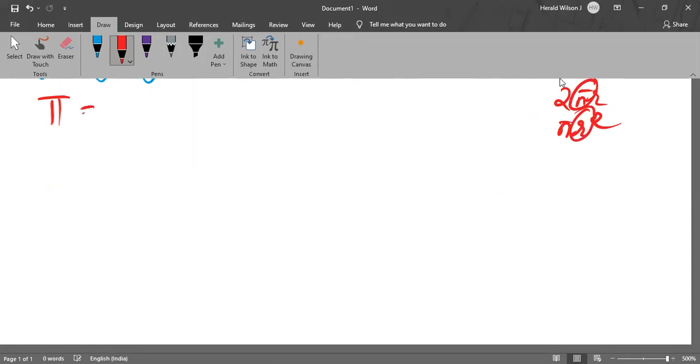And according to the question, many times they will say the pi value is equal to 22 by 7, or the pi value is equal to 3.14. Let me give you the exact decimal expansion of this 3.14.